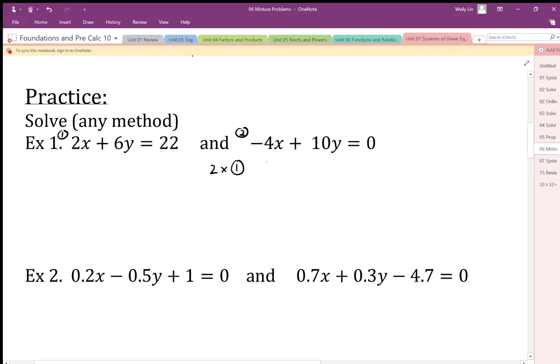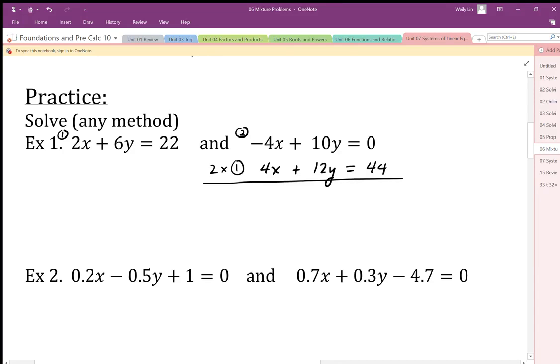So I end up with 2x times 2, which is 4x, 2 times 6y, which is 12y, and 2 times 22, which is 44. Remember our rule, we have to keep it balanced, so I don't just multiply one part of the equation, I have to multiply the whole equation, both sides, by that 2.